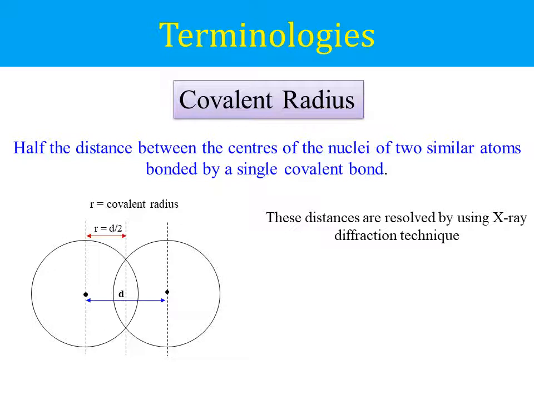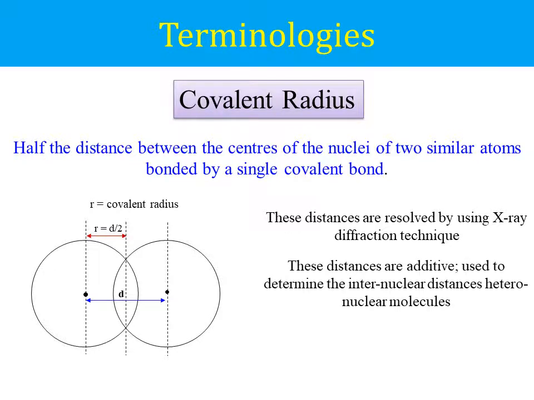The second thing is, these distances are additive in nature. That means they are especially required for heteronuclear molecules. When we are interested in the molecular size of a heteronuclear molecule, hetero means different, so a molecule containing two different atoms is referred to as a heteronuclear molecule.